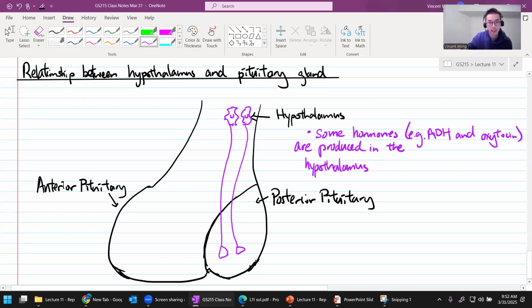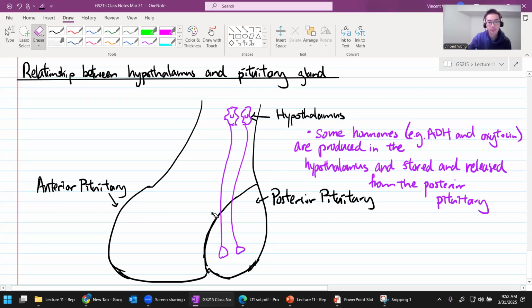Some of these things are going to come back in lecture 12 as well. So some hormones are produced in the hypothalamus and stored and released from the posterior pituitary.